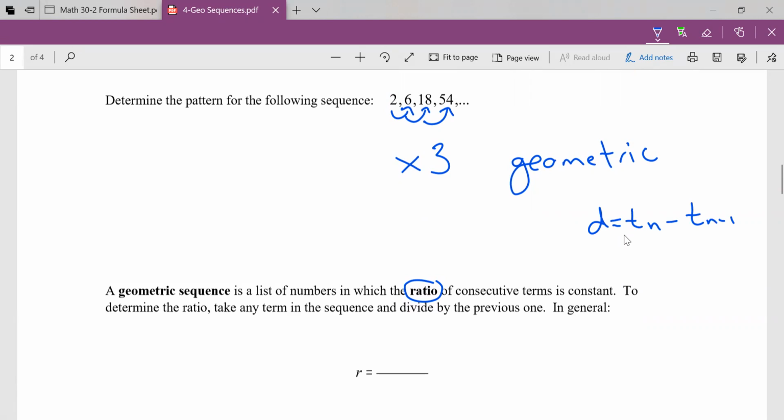Look at this. For the ratio, I take any term, but because we're multiplying, the opposite or inverse of multiplication is division. So I'm going to divide by the previous term. So 6 divided by 2 is 3. And again, I could take any term I wanted to. 54 divided by 18 is 3. So what's our formula?